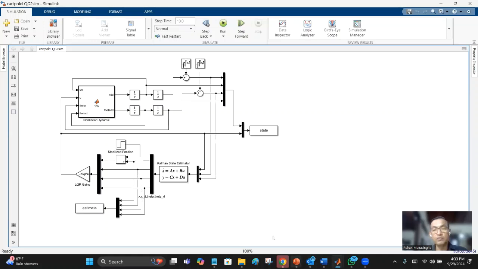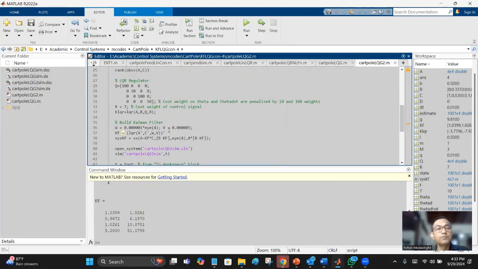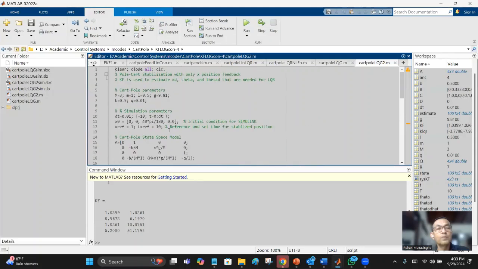So if I take you to the MATLAB code to figure out what the initial state is, it is 40 degrees. You can see it over here. You start with 40 degrees.